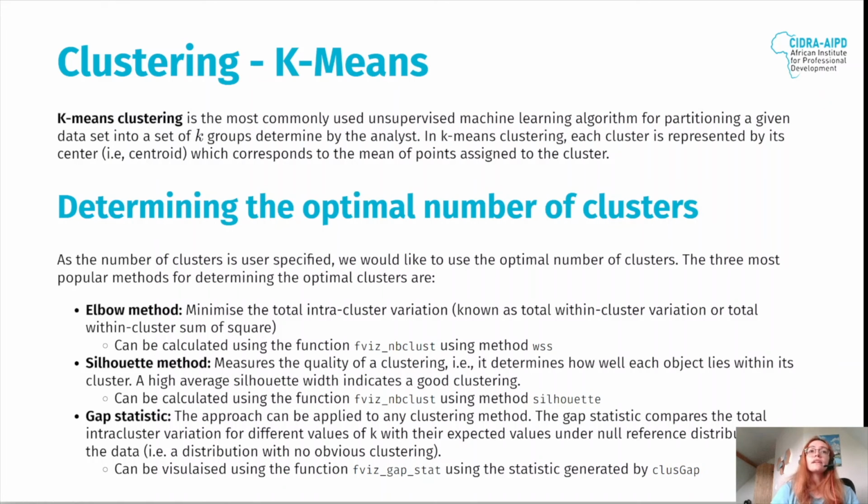So as the number of clusters is user specified, we have methods to determine the optimal number of clusters. One of them is called the elbow method. It comes from this, and why? Because you need to minimize the total intra-cluster variation.